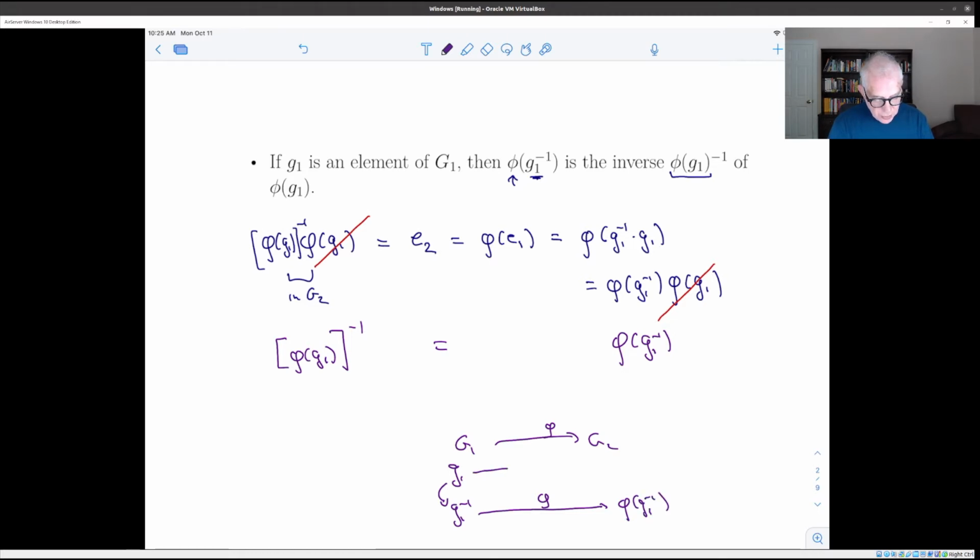Or you could go across to G2 first and get phi of g1, and then take the inverse here, and you would get phi of g1 inverse. And you get the same answer both ways. So in some sense these operations commute, taking the inverse and applying phi, just like before, for the identity, it was preserved.